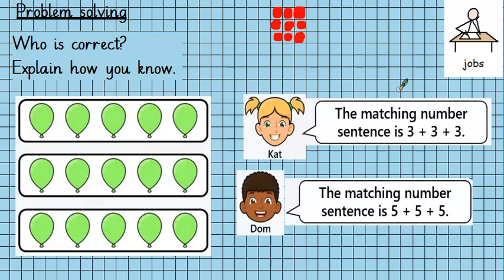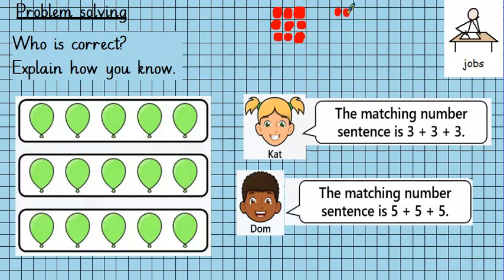What does Dom say? Dom says that the matching number sentence is 5 add 5 add 5. So he has 5 in each row, and he said it 3 times, so that means he has 3 rows. 1, 2, 3 rows, 5 and 5 and 5.